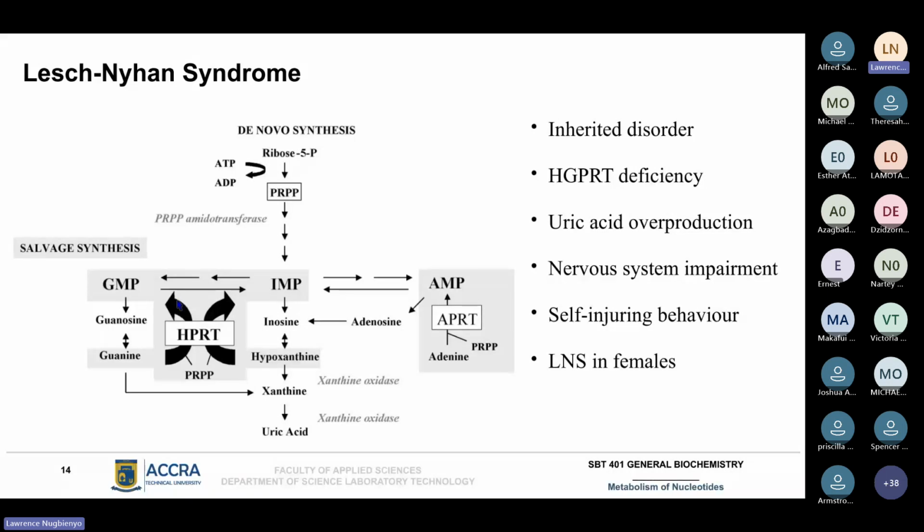It is also involved in the recycling of hypoxanthine to give us back inosine monophosphate. Now, the deficiency of this enzyme will then result in accumulation of guanine, because you don't have enough of the enzyme which will be converting the guanine back to guanosine monophosphate.